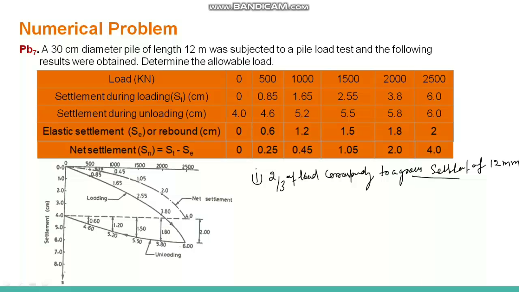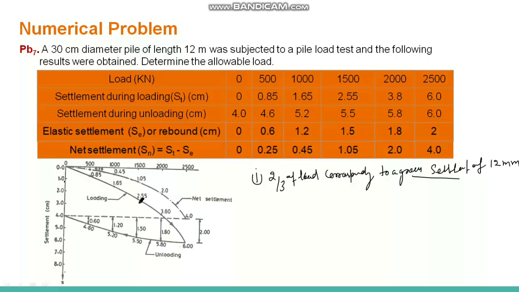So this is the curve for gross settlement. When the gross settlement is 12 mm, and this is in centimeter, 12 mm means 1.2 centimeter. So it will come somewhere here, right? You have to take what will be the corresponding load.